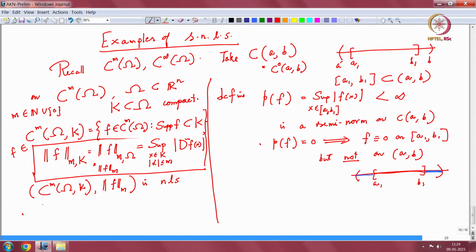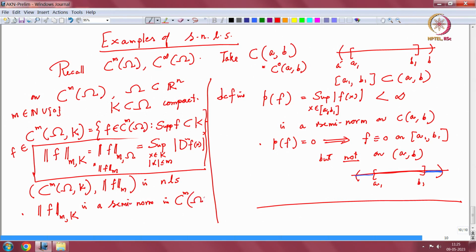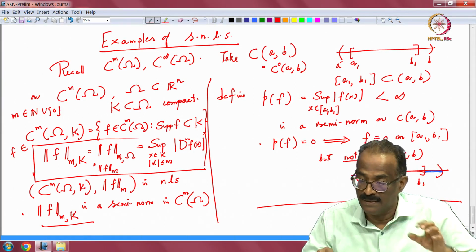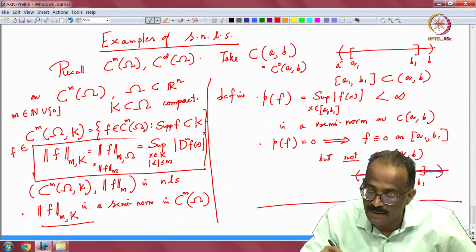But what you also get, in view of what is discussed here, is that the norm f at mK is a seminorm in Cm of omega. When you are taking a function in Cm of omega, writing K is important because I am doing that only restricted to there. It is exactly writing my Pf here.